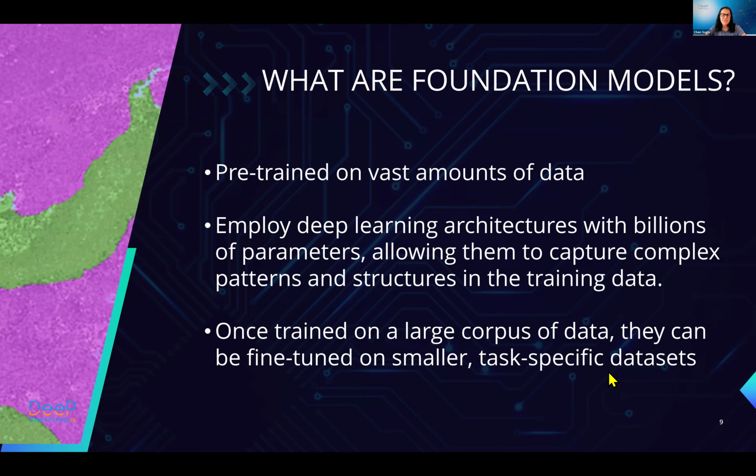So it's really billions of parameters, and this allows us to capture delicate patterns and structures in our training data. Once we train our foundation model, you could give it away for free, as some institutes and companies do, or ask for money for it, which is also fine.